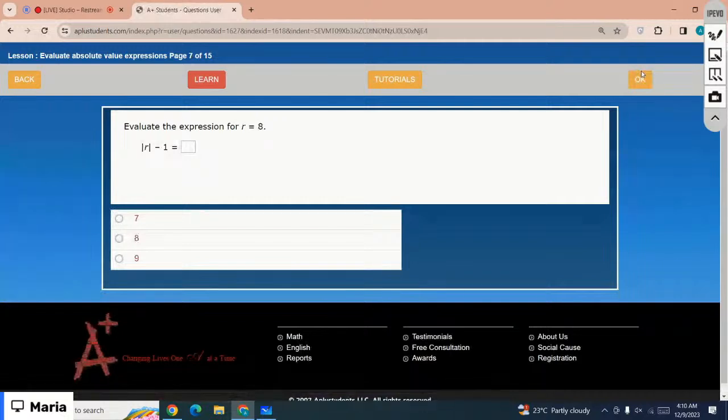Evaluate the expression for r equals 8, which is the correct option? Yes, that is 8 minus 1, and the correct option is 7, right?